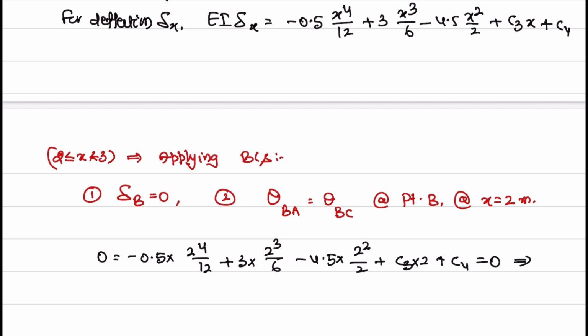This particular equation yields, when you solve this, do it on your own, 2C3 plus C4 is equal to 5.67. You get this.